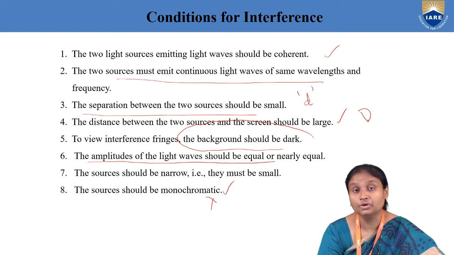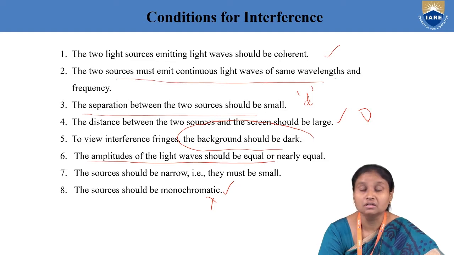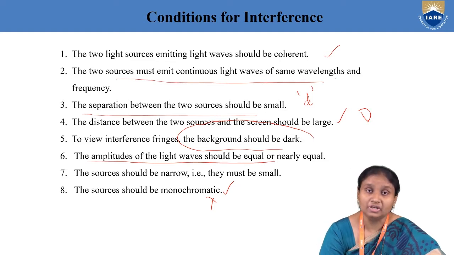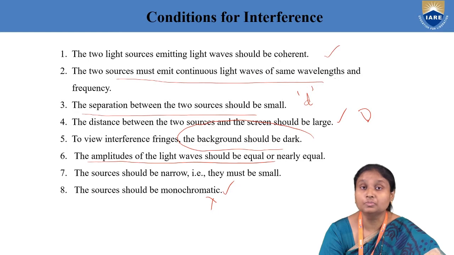And what are those important points we have to take into consideration? First thing is two light waves that are undergoing superimposition. In order to get an interference pattern, they should maintain phase, or they should be coherent with each other. Both waves should have the same wavelength, same frequency, and apart from that, it is good to have their amplitude also nearly equal. And then it is better if we make use of a monochromatic source of light having a single wavelength.